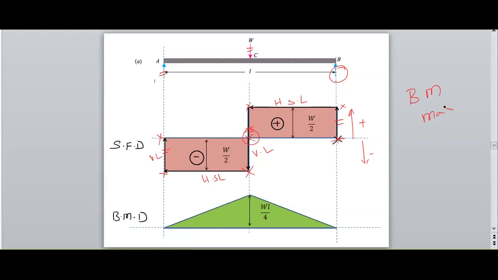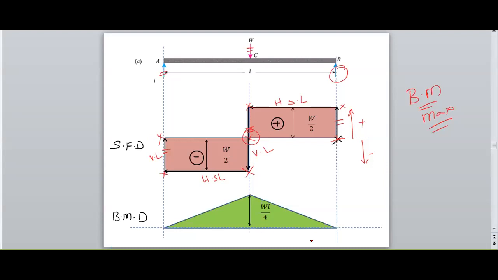The bending moment will be maximum wherever the sign changes in the shear force diagram.